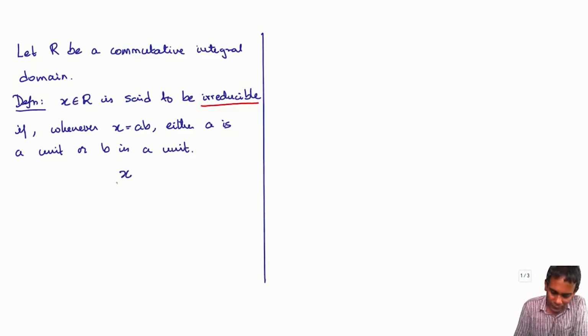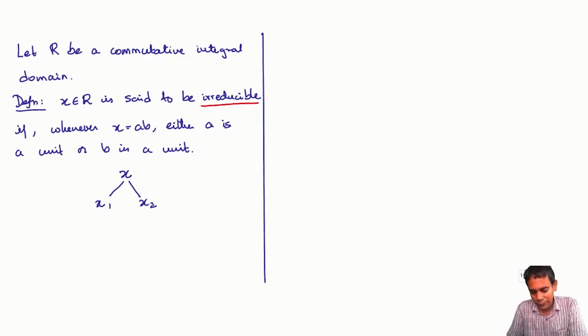So if I have an element x, if it's irreducible, well, then it's irreducible. Otherwise I can try to write it as a product of two elements, x1 and x2. Now it could happen that both x1 and x2 are irreducible, in which case we have factored x into irreducibles.